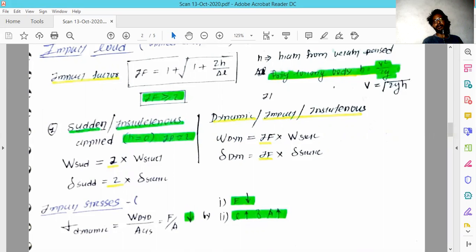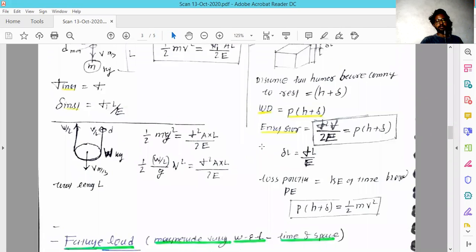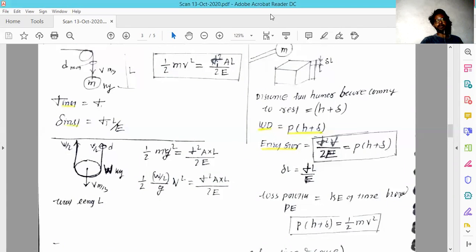If you reduce the E value, which is the modulus of elasticity, it will reduce the impact dynamic stresses. It will also reduce if you increase the length of that rod and the area of cross section of that rod. So this is how you can find it out. And these are some basic examples with respect to that formula.